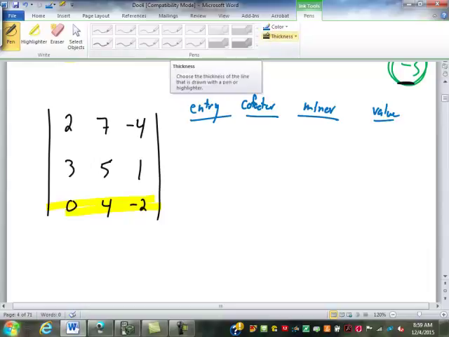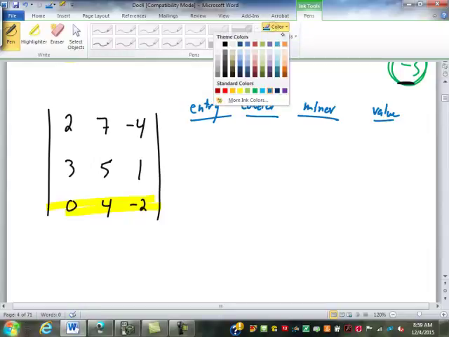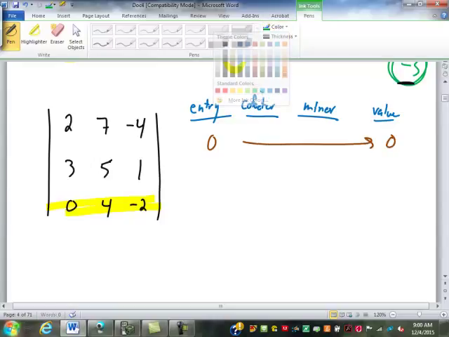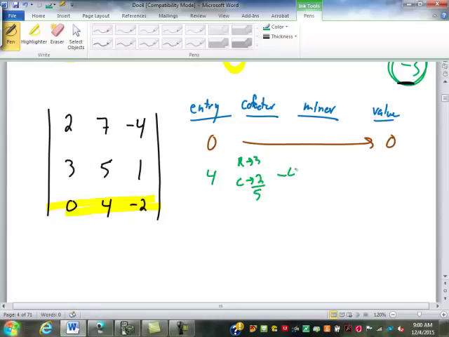So the first entry in that row is 0. And the rest of the stuff I don't care about because its value is going to be 0. Next entry in that row is 4. For the cofactor, that is in row 3, column 2, which adds up to 5, which means it's the opposite, -4. 4 times -1 is -4, my cofactor.